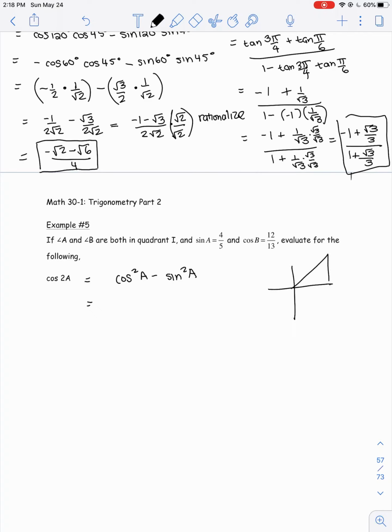So we know we're in quadrant number 1, so I'm going to draw a triangle there. Looking from a, we know that our opposite is 4 and our hypotenuse is 5. Well, if we do Pythagorean theorem, we can find that the adjacent side is actually 3, because 5 squared minus 4 squared equals 9. And if you square root that, that gives you 3.